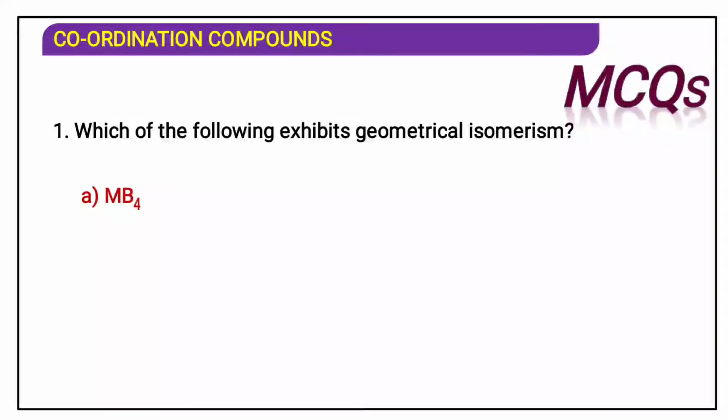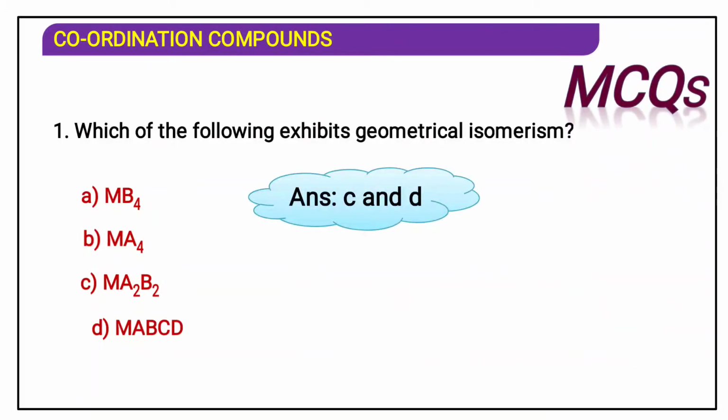Which of the following exhibit geometrical isomerism? Come on, students, answer the question. Geometrical isomerism means cis-trans. As this has the same ligand, no geometrical isomerism over here. C is an answer, because in D we have seen all the ligands are different.